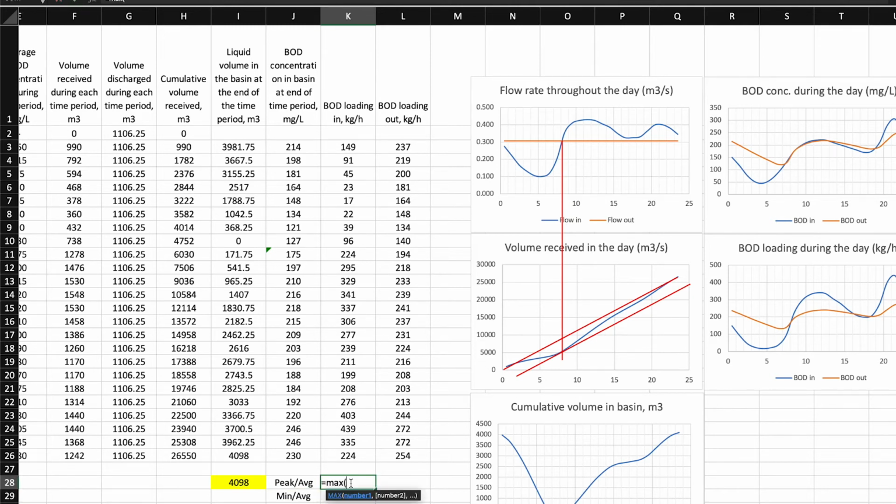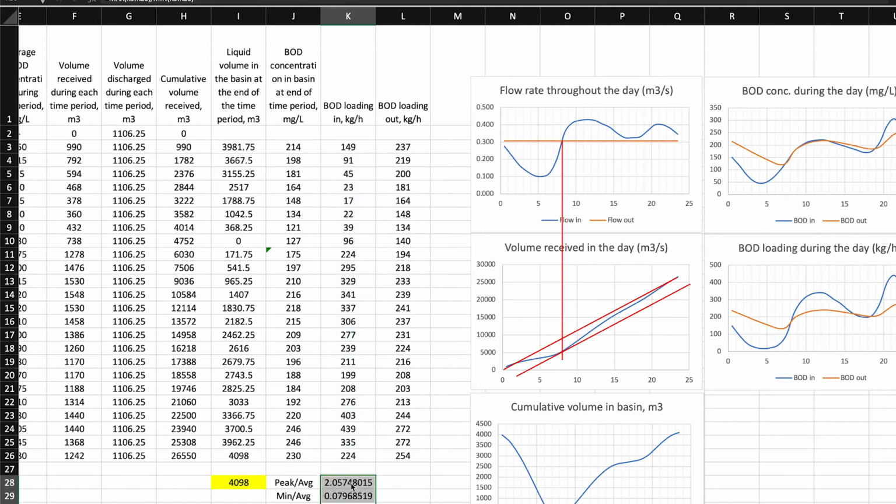So we can replicate the table that was shown in the previous solution from the book by calculating the maximum BOD loading in, dividing it by the average BOD loading in, and also looking at the ratio between the minimum BOD loading in and the average BOD loading in. And then we can look at the ratio between the peak and the minimum.